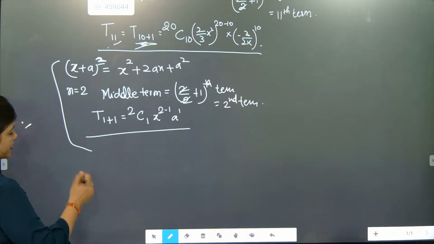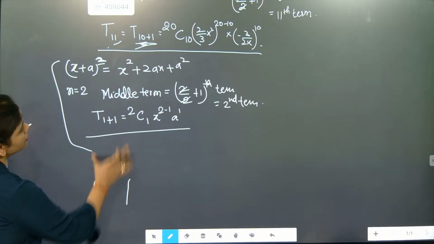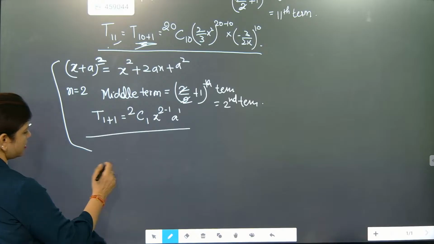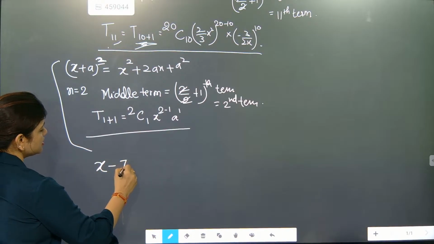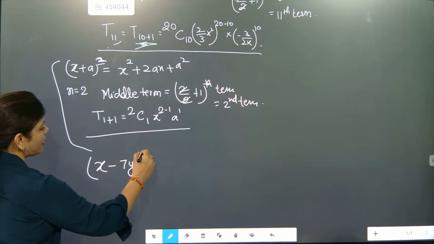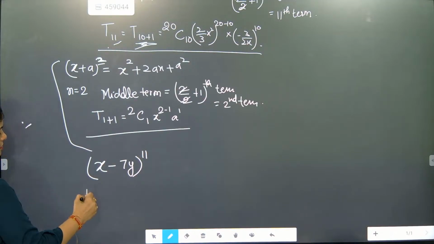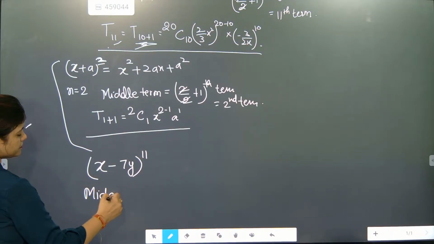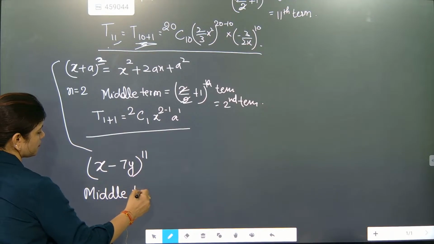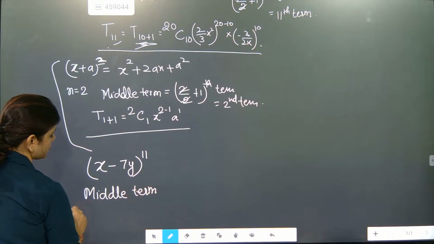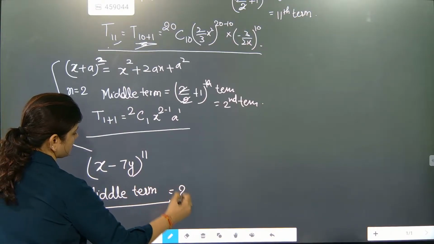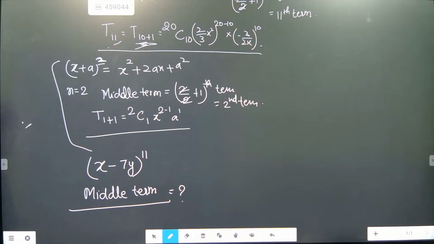Now beta, another question. Here we directly got the middle term. Now when x minus 7y to the power 11 is there, then find the middle term. Gagan, did you get that?